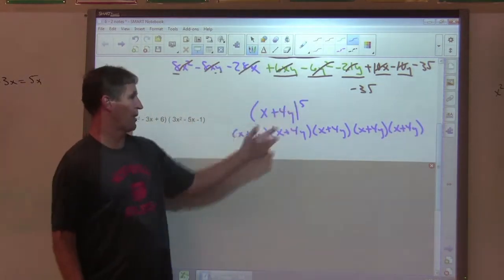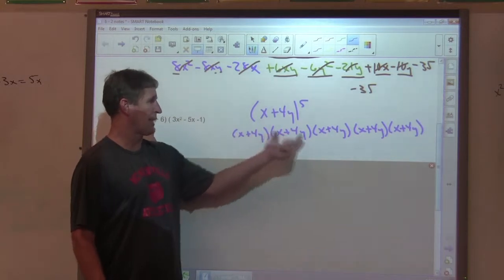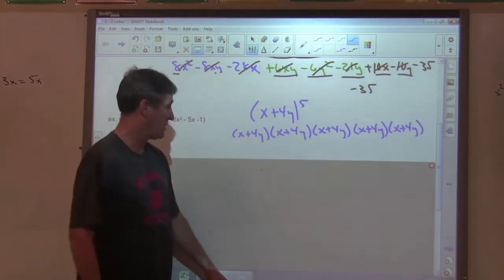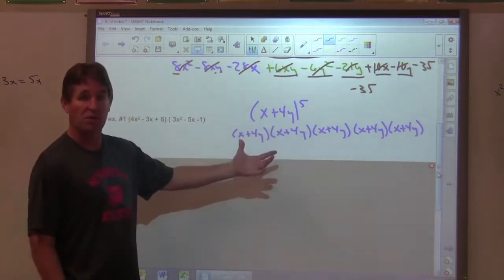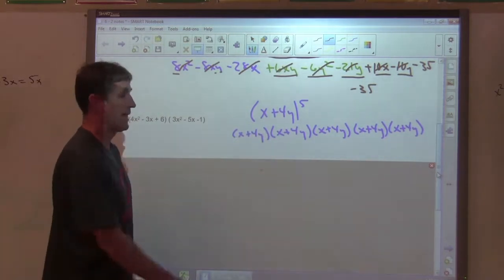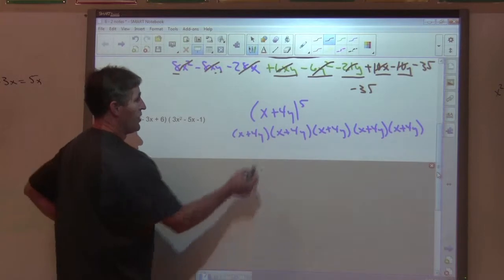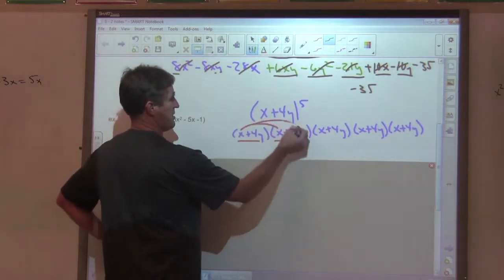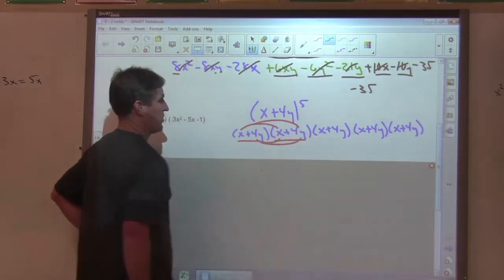So x plus 4y to the fifth, so we have to multiply x plus 4y times itself 5 times. And if you were to do it this way, and this is fine if you want to do it this way on the assignment and the test, but I'll show you another way to do it, would be to take and multiply this one times this one. So we just FOIL it or claw it.